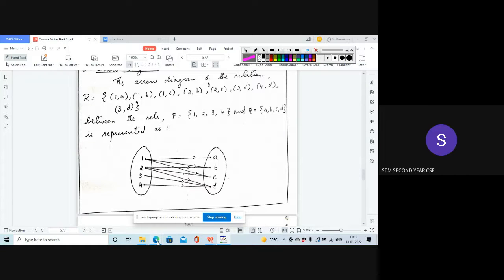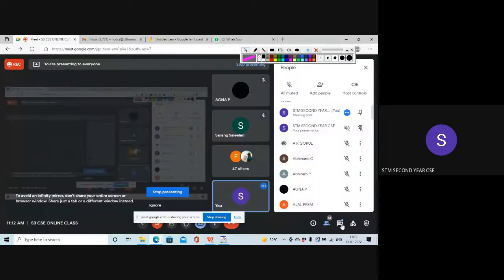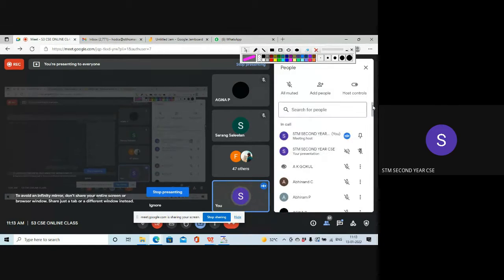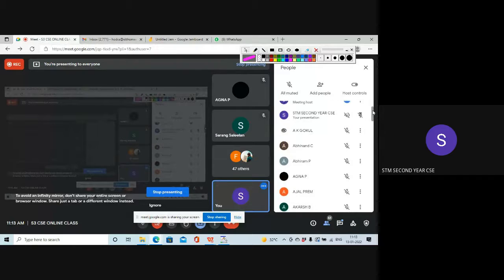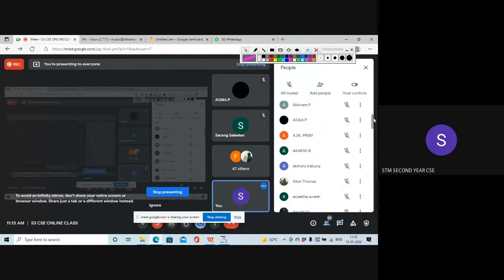Is it clear? What are the four methods of representing relations? What was the first method of representing relations? You have to write it down in your notebook.